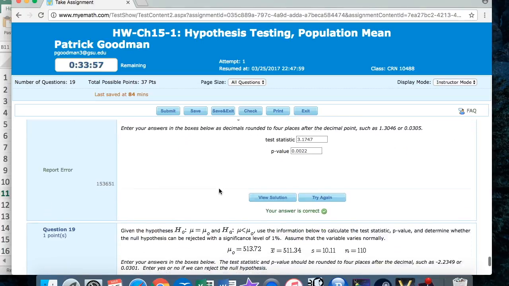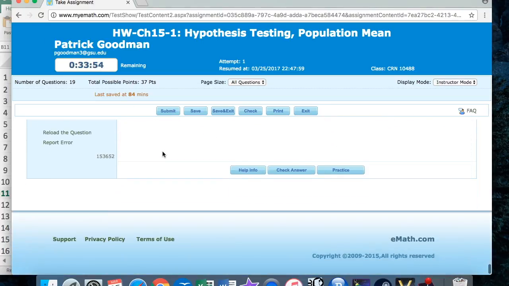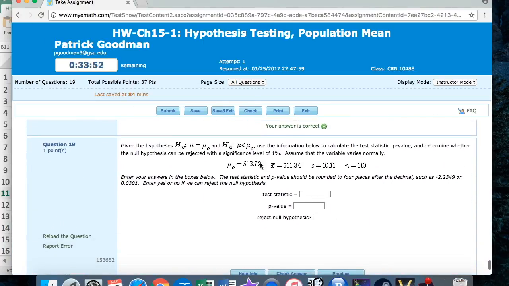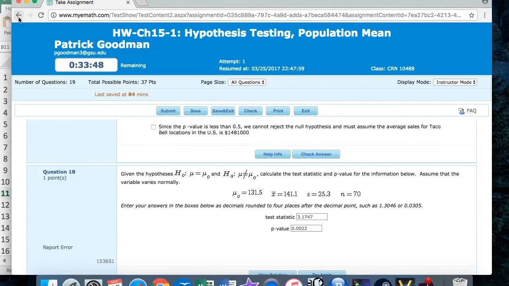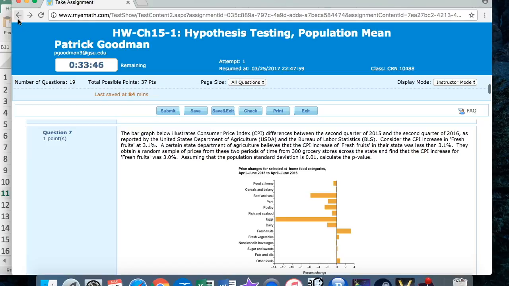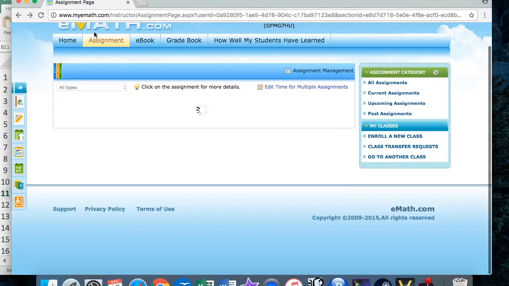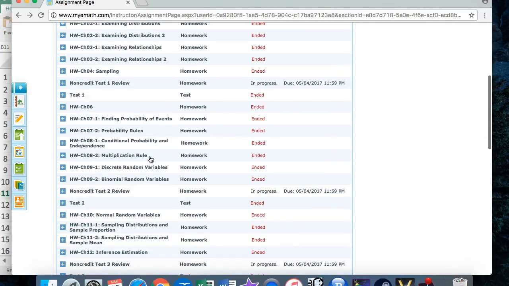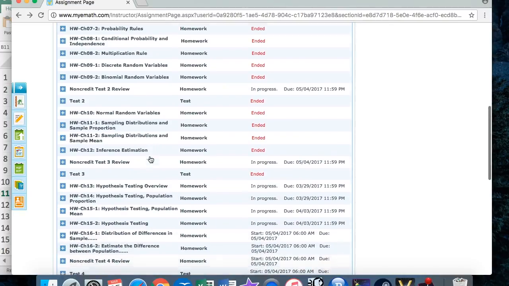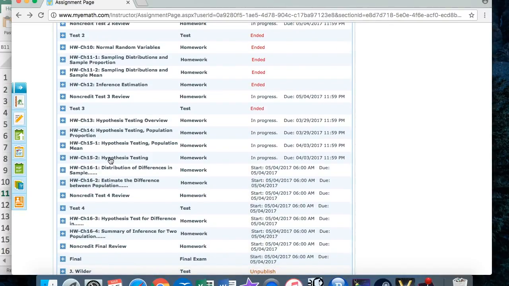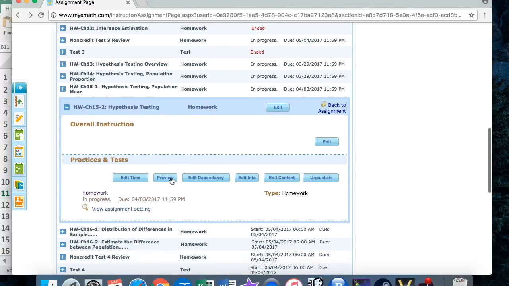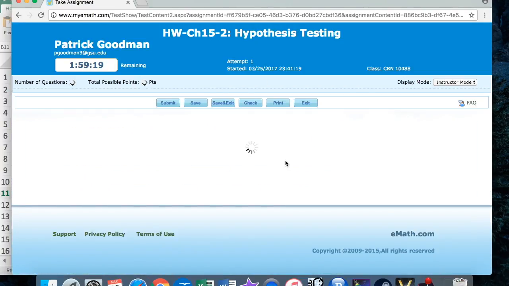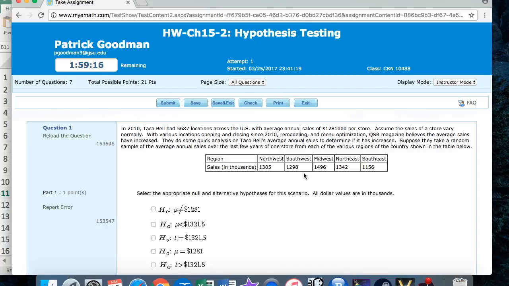Okay? Good. So now this problem's the same thing. So check that one out. You should be able to do it. It's not a two-tailed test though, so it should be easier. But let's look at a problem from 15.2. Because 15.2 is also hypothesis testing, but for some reason it seems pretty similar to what we've already been doing.